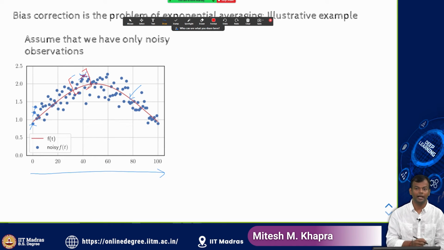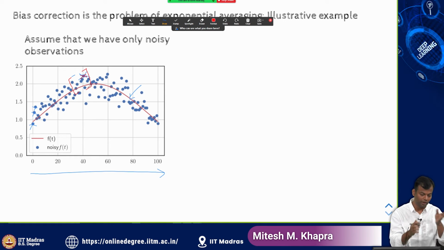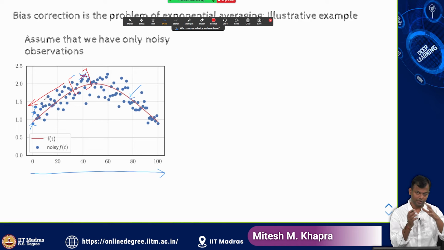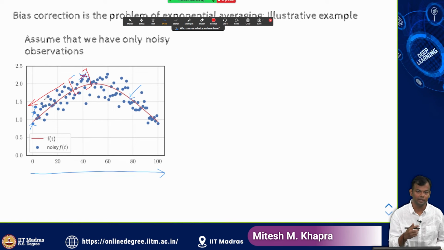An exponential average is almost similar to taking an average in a small window, because outside this window your beta powers are so small that those points won't have much value. So you are re-estimating the average.